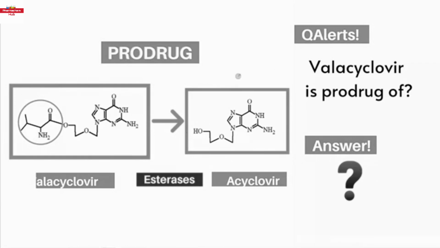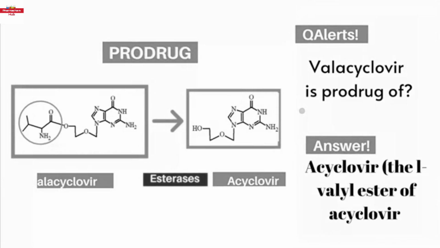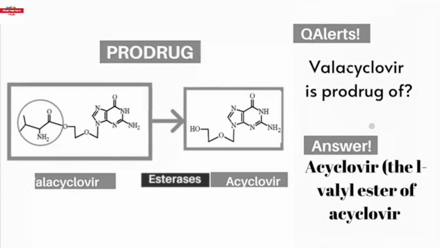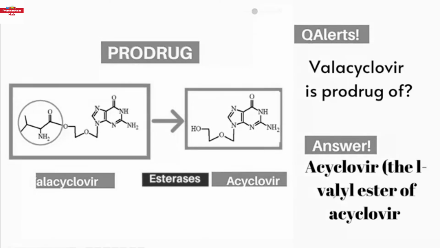So let's see the test tip for the exam. Here is the question alert: valacyclovir is a prodrug of what? The answer is obviously acyclovir, and it is also known as the L-valyl ester of acyclovir.